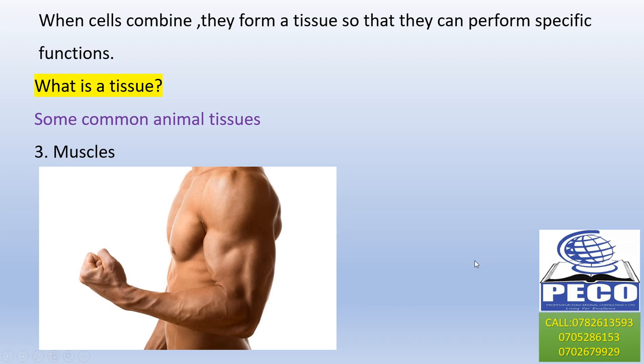Do you remember what is a tissue? A combination of cells. Cells come together to perform specific what? Function. You can see when they contract or when they relax, then the function comes on the hand. This is just one of the many examples that we want to talk about today.